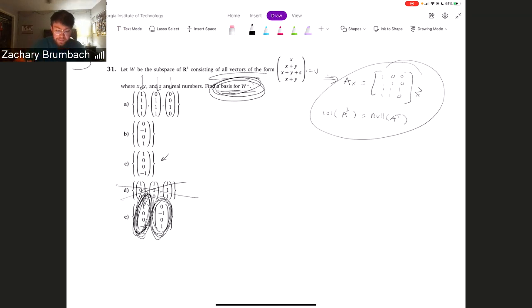If it is a basis, then each of these vectors dotted with our vector v will be equal to 0. So u1, u2, u3, each of them dotted with v will all be equal to 0 if that is true. Since it's not, we know it's not a basis. For the second one, we check u1 dot v. This is equal to 0, therefore it is a basis of W perp.